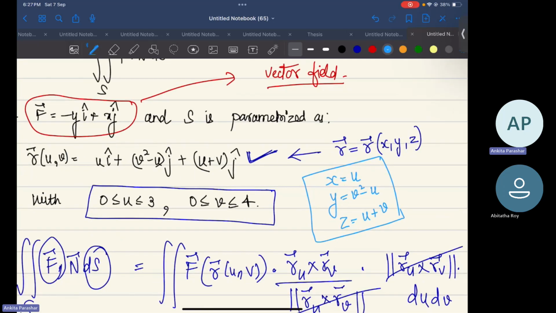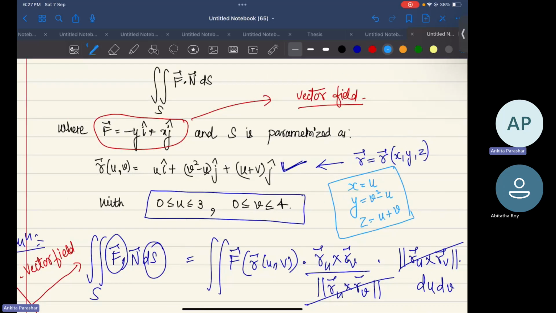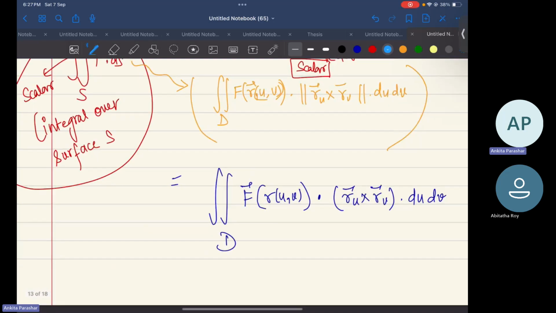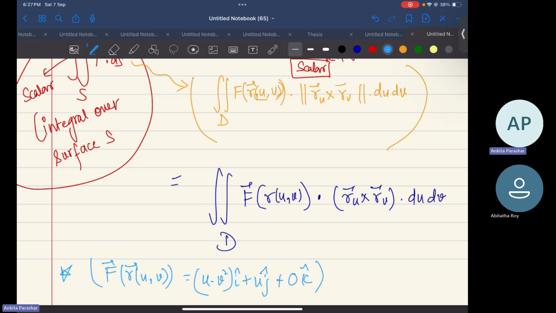Assuming this, you know how to write F with respect to this parameterization. Write it. What would be F then after changing x and y? F would be u minus v square, comma u, comma 0. So this would be your F of R(u,v).